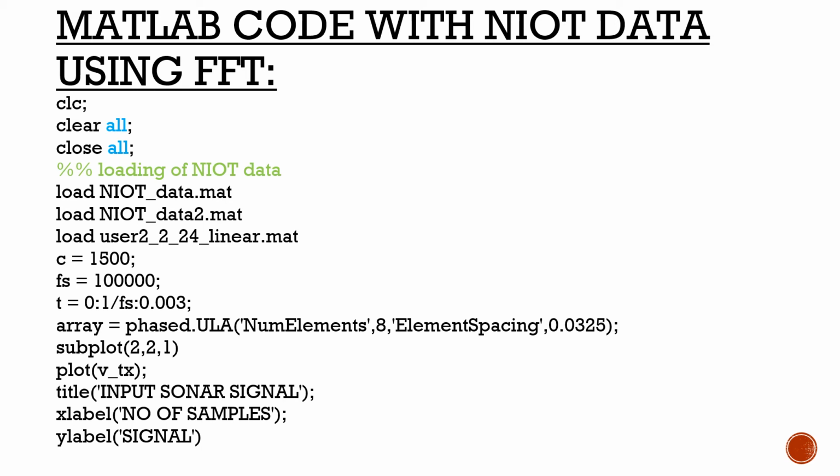Here we will be considering 8 elements with a spacing of 0.0325 centimeter between each sensor. The received data will be from 8 sensors. The NIOT received data is a 3D matrix. The size of the 3D matrix is 1536 by 8 by 11 elements. Then the input data from the NIOT is plotted in the code.